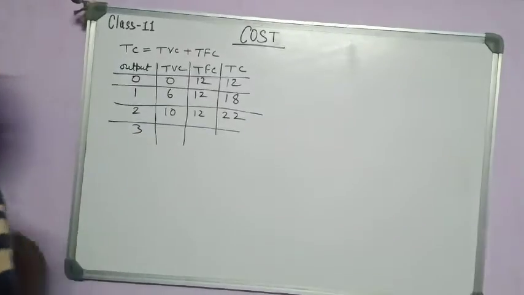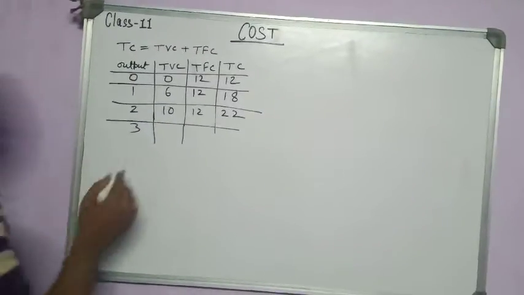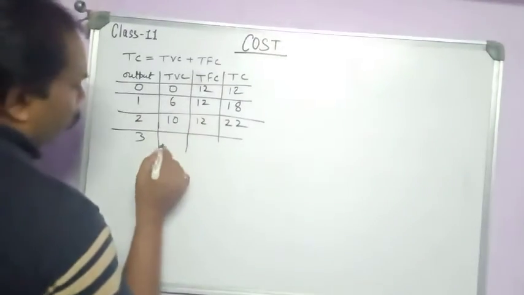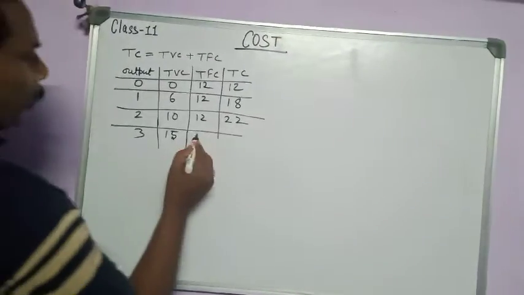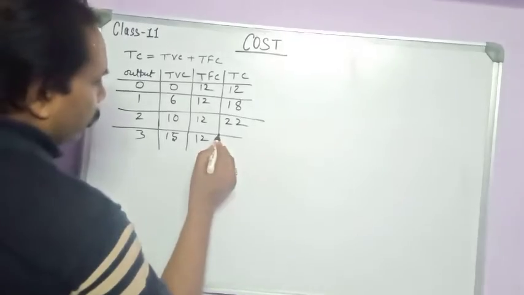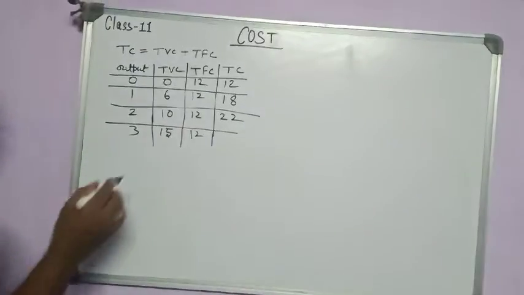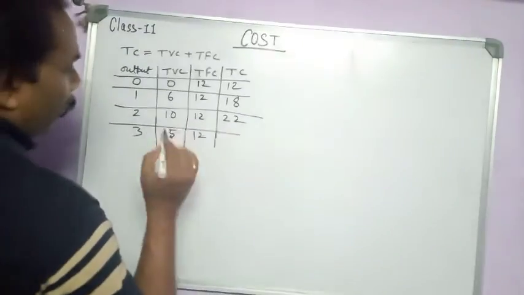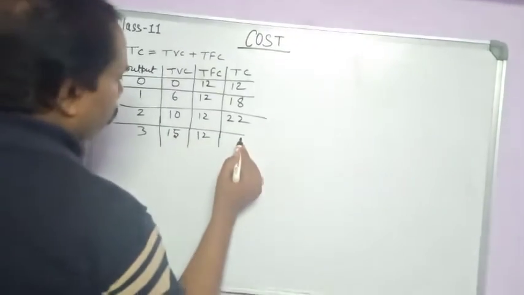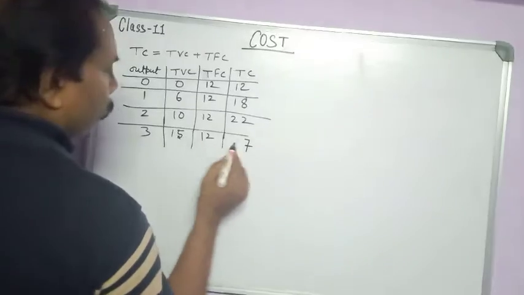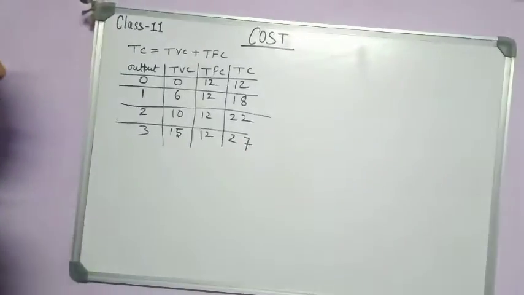Now if we come to the third unit, or when we produce the third unit, suppose the total variable cost has increased from 10 to 15, clear, and the total fixed cost is suppose 12. So total cost will be 15 plus 12, that is 27.